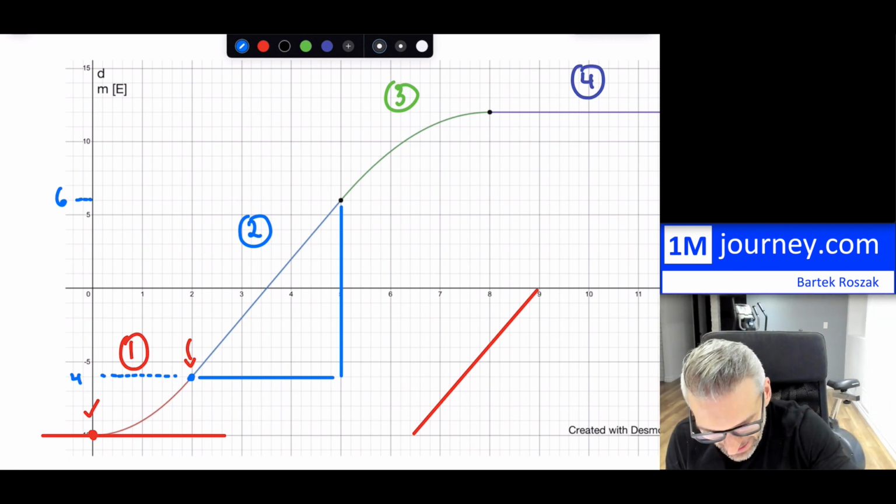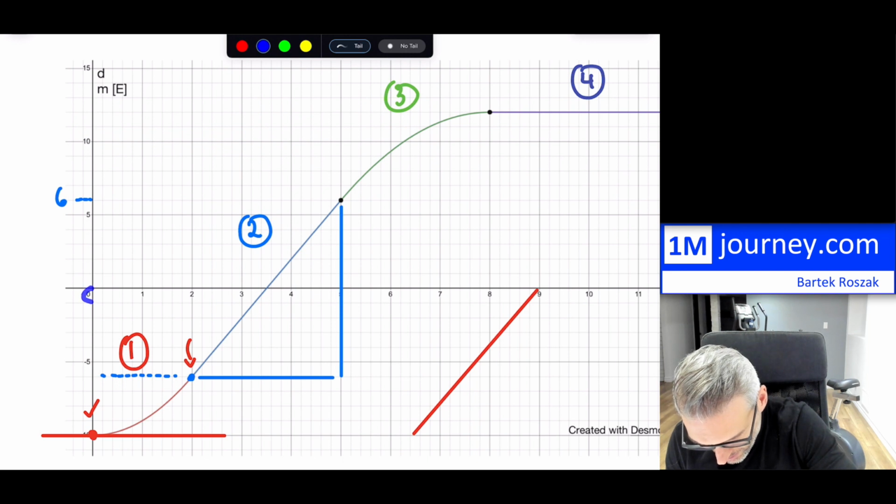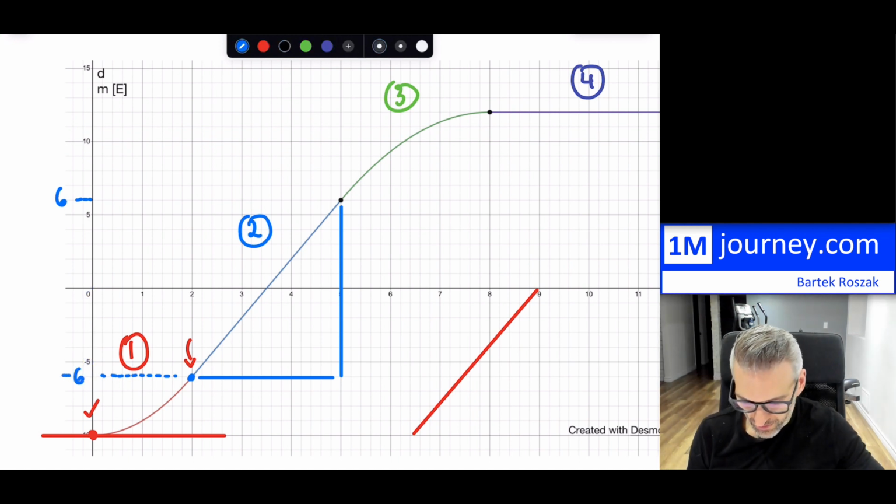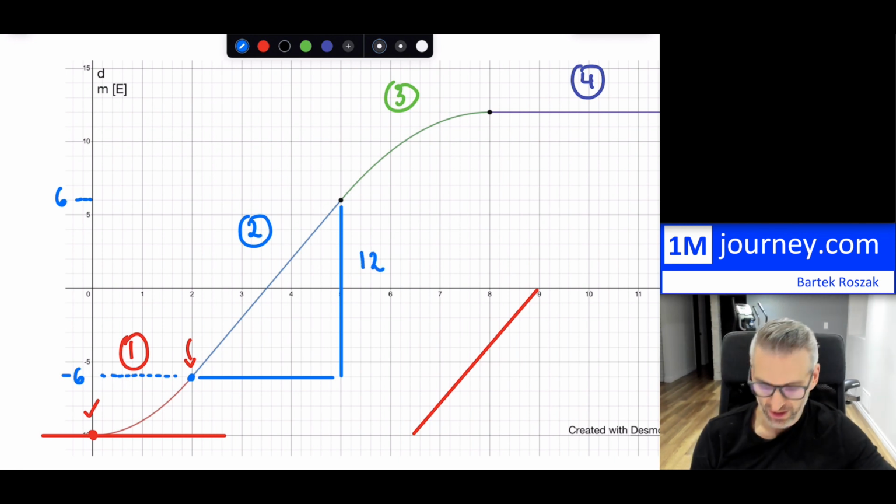It's -6. Let me go back in here, because I forgot that it's negative. So notice 0, then it's 1, 2, 3, 4, -5, -6. That's where it's -6 right there. So it went from -6 to 6. So that's a rise of 12, 6 minus -6, which is 12.